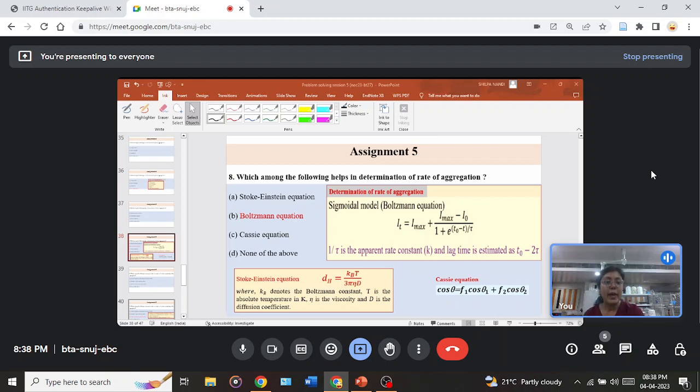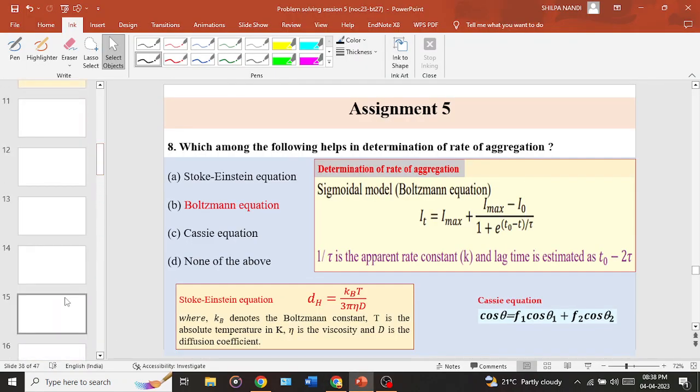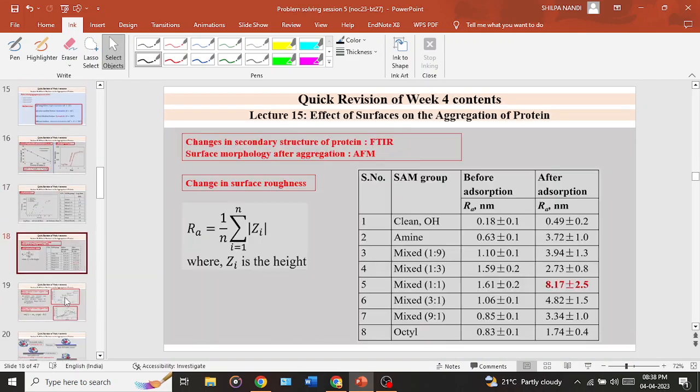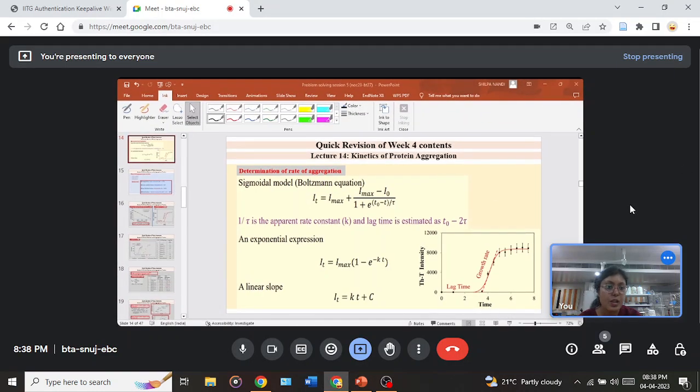I'll go back to one of the slides wherein we discussed the determination of rate of aggregation, in case you still have confusion between tau and K, and how 1 by tau is the apparent rate constant. So here you can see how you can determine the rate of aggregation using the sigmoidal model of the Boltzmann equation.